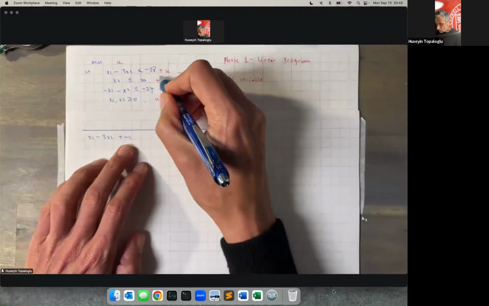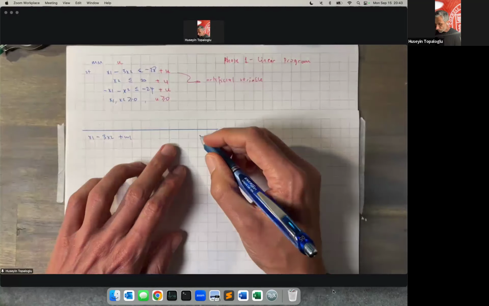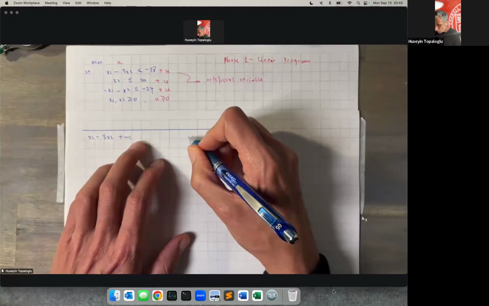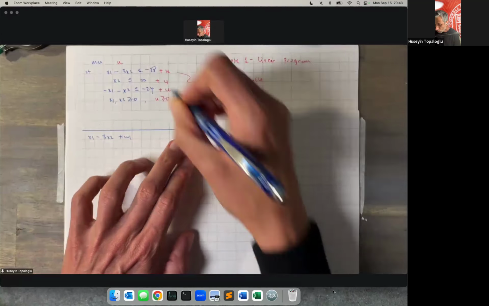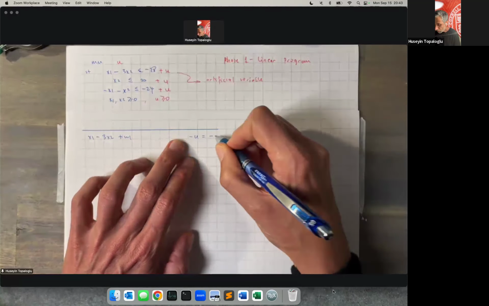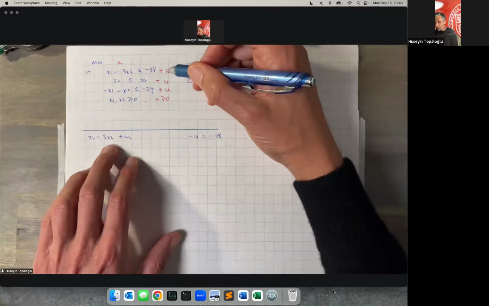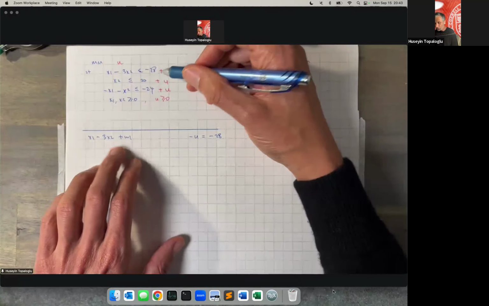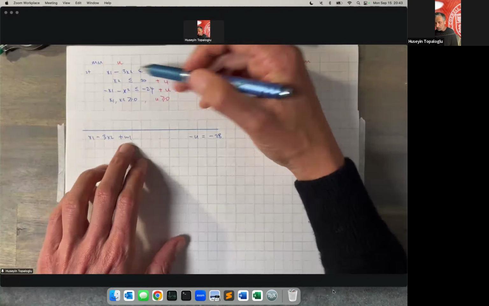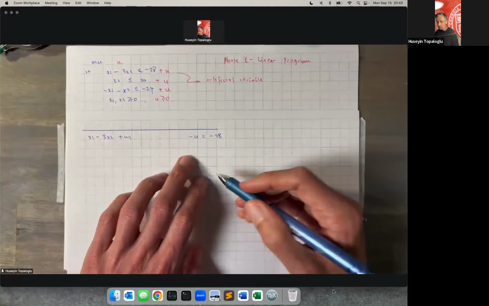And throw in the u decision variable to the left-hand side, so all of my decision variables are on the left-hand side. So minus u equals minus 28. This is my first constraint written with the slack variable and u thrown to the other side.